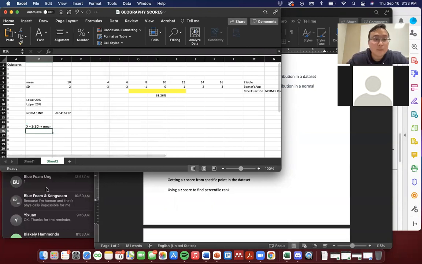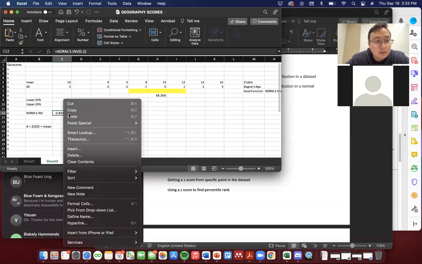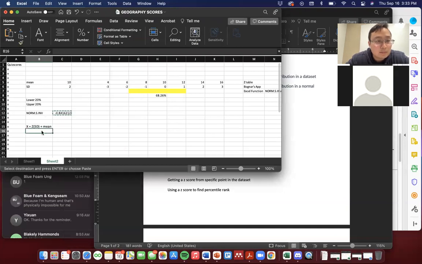Okay. So we have our z-score value. We're going to multiply that by the standard deviation, which is 2 right here.